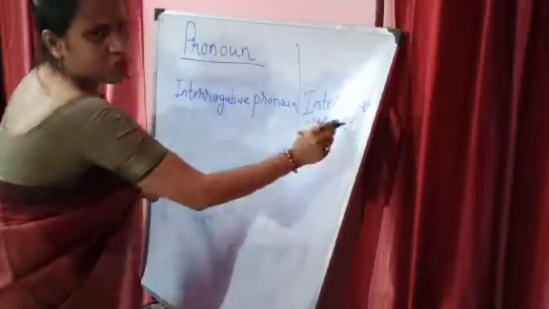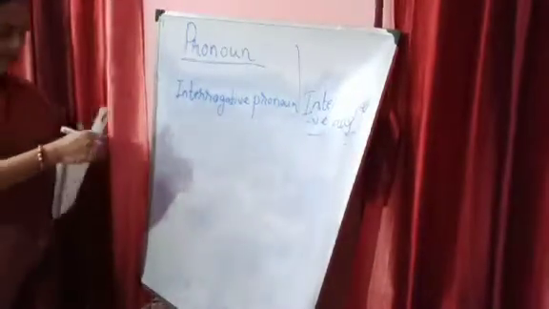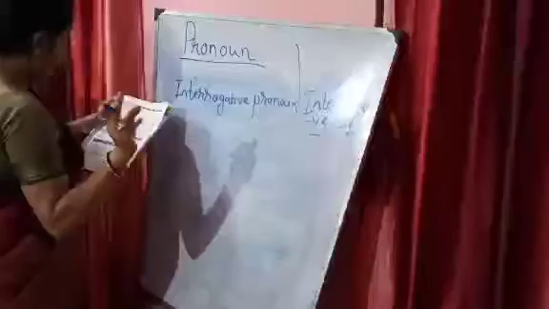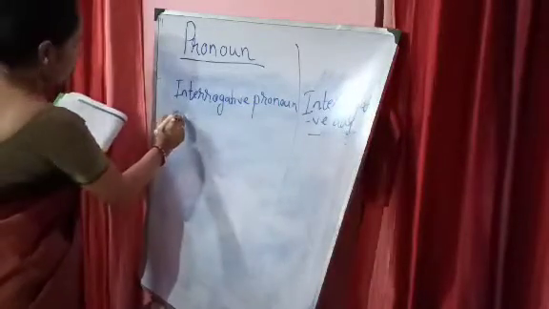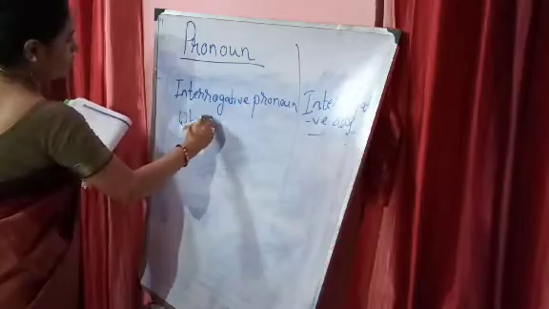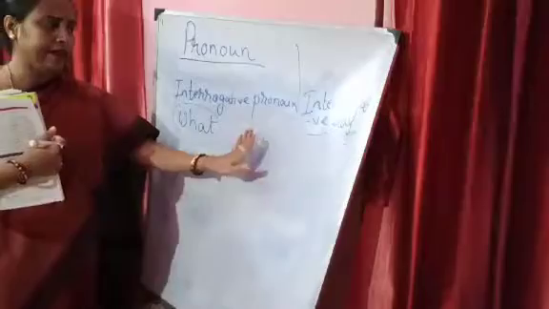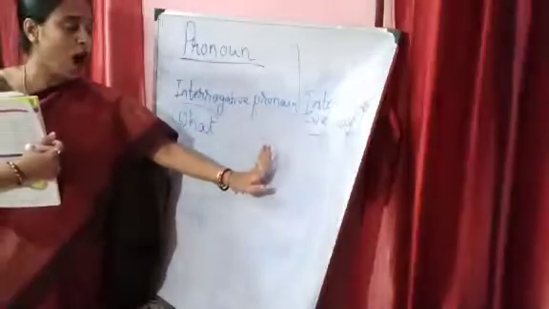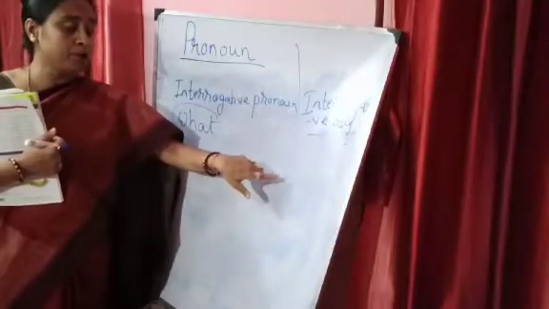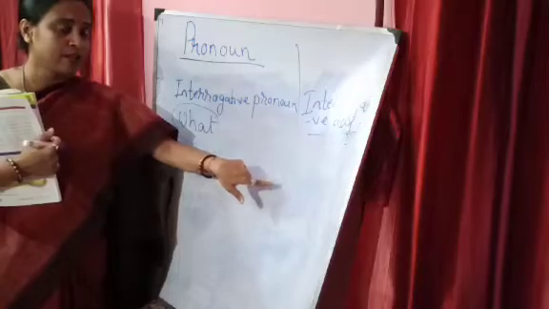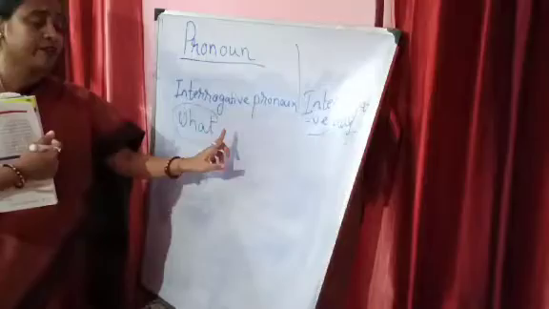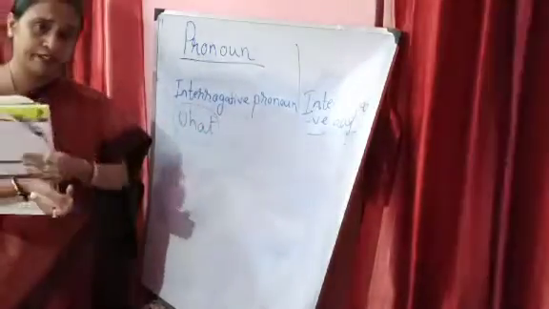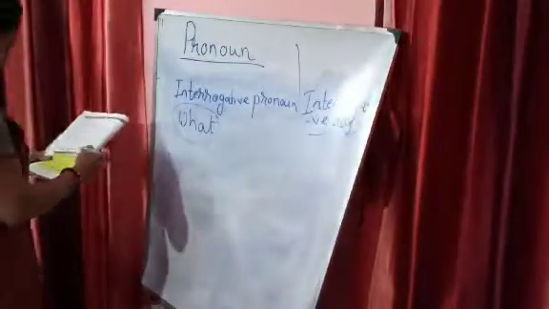I just write in short, adjective, ADJ. Just keep it in mind. Now, the two sentences I will tell you like this. First I take the example of the word what. It is used as an interrogative pronoun also and an interrogative adjective also. So how? Depending on the position of the word, how it is placed, you will distinguish whether it is an interrogative pronoun or an interrogative adjective. Just see the sentence.